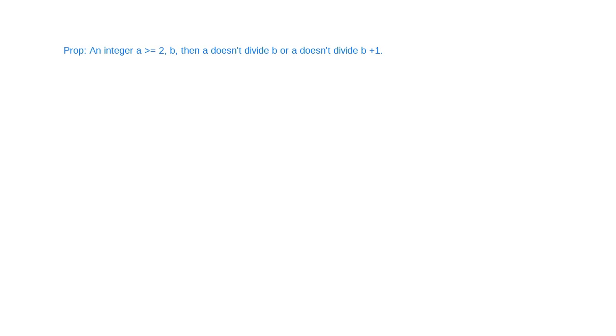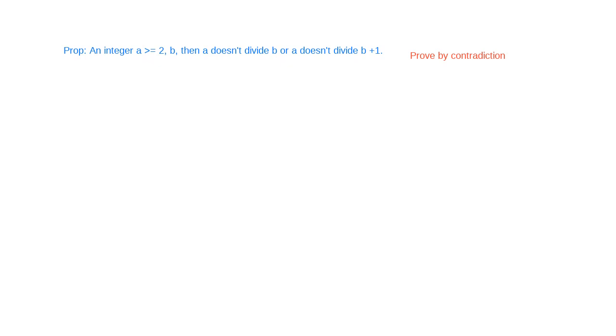Doesn't divide means it's not a factor of it. So A is not a factor of B, which means B cannot be written as A multiplied by an integer. So we want to prove by contradiction. Let's see, how do we do it?